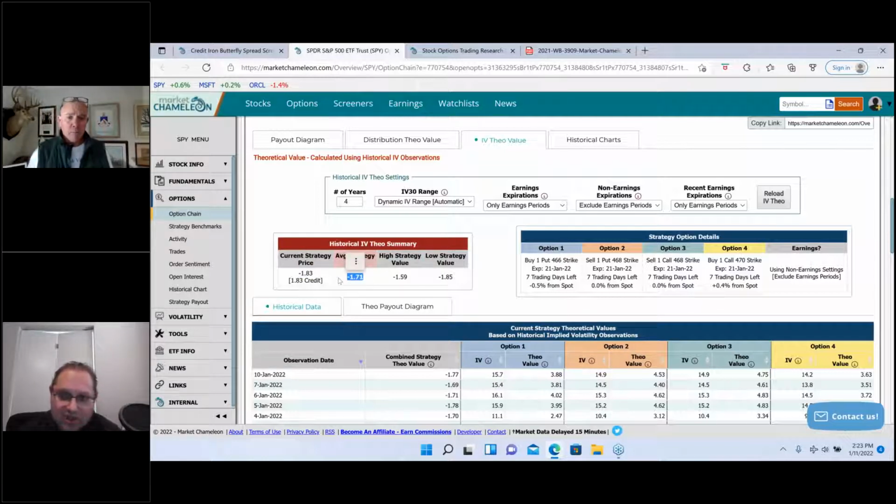So from this perspective, from where the markets are usually pricing it, it looks like there's some theoretical edge there, right? Because if the stock just stays here for now, and those implied vols and the skew revert back to that average, then we've already got 12 cents of theoretical edge.